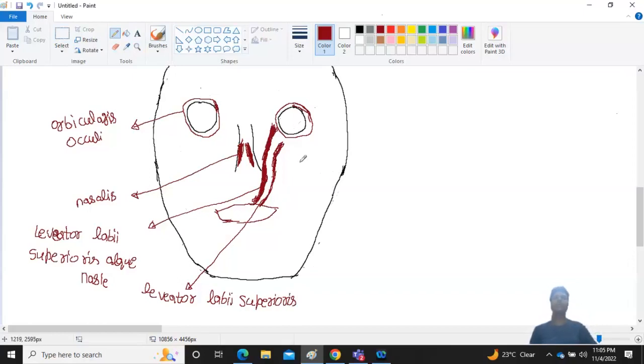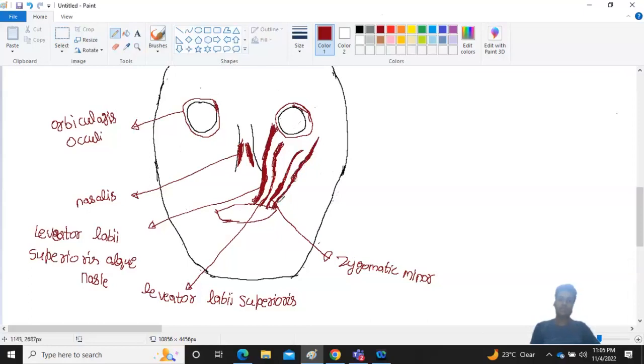Then there are another two muscles present. They go from the lips to the zygomatic process. The two muscles are zygomatic minor and zygomatic major. This is zygomatic minor, and another is zygomatic major.